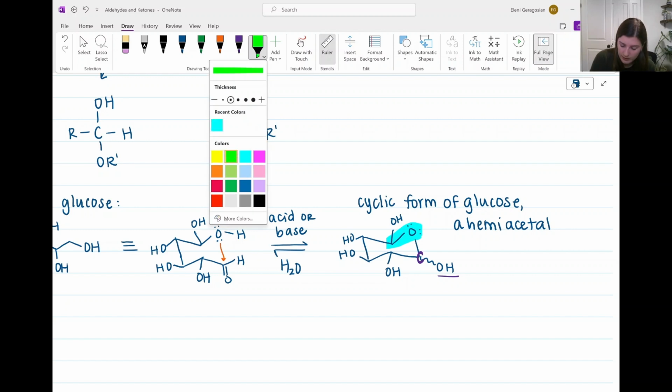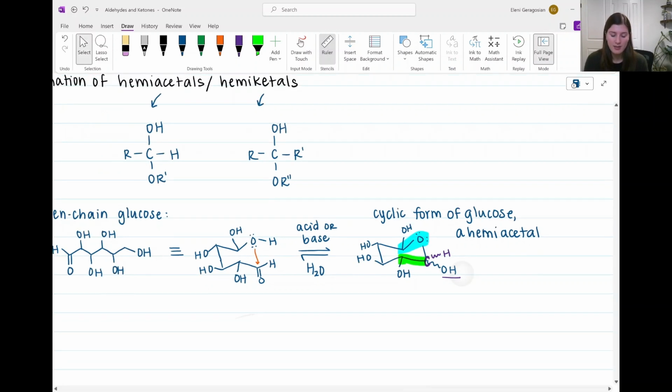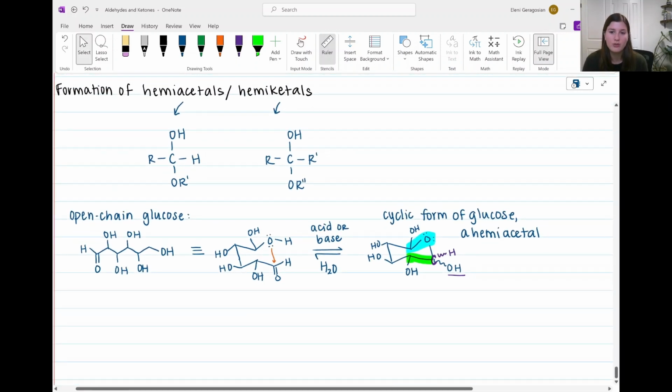Over here we have an R, the carbon, and then the hydrogen is implied but not shown, but there's also a hydrogen bonded to that carbon. So here's the very basic way that we go from a open chain glucose to a cyclic form of glucose, and that cyclic form of glucose is a hemiacetal.